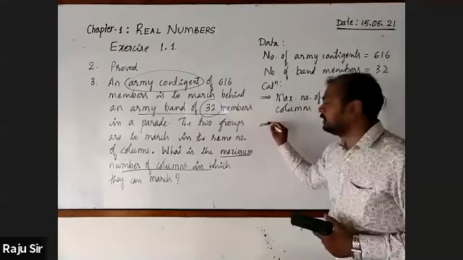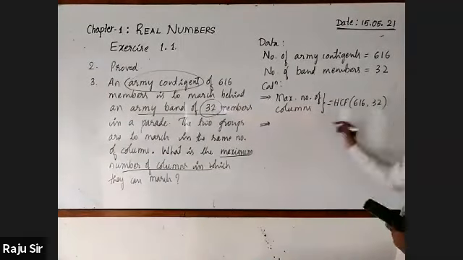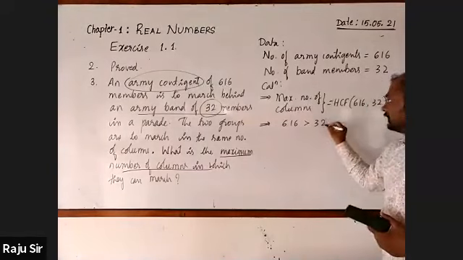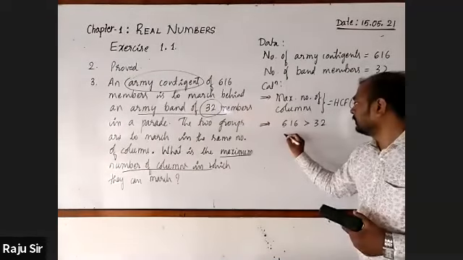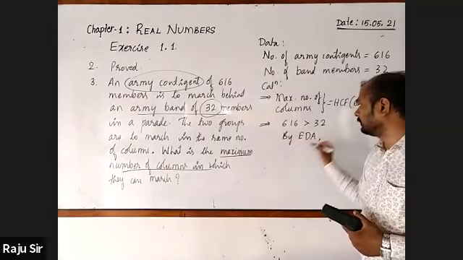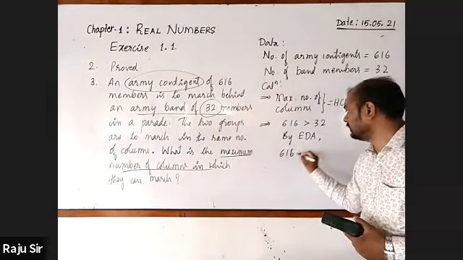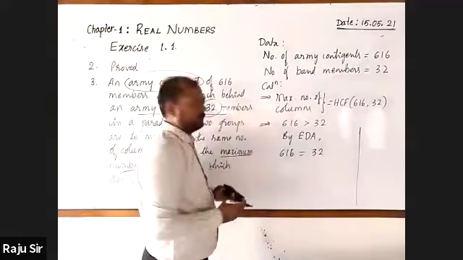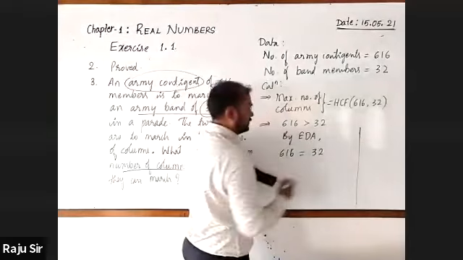Now, let us use Euclid's division algorithm. 616 is greater than 32. By using Euclid's division algorithm, 616 can be written as 32 times 19 plus 8. The remainder is 8, correct.